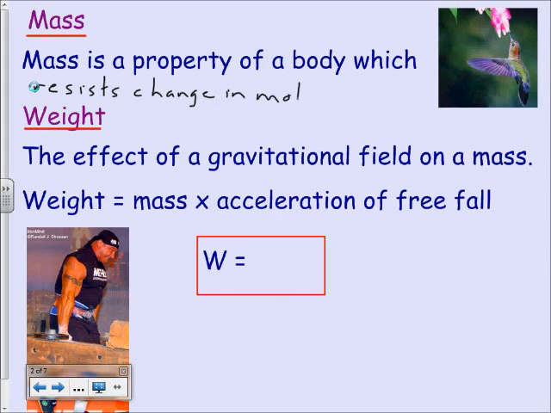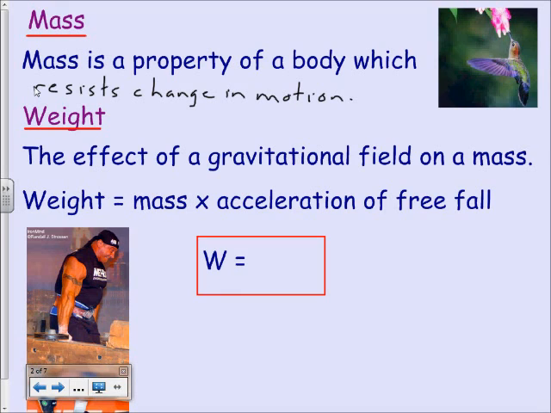So take note, we're not saying that mass is the amount of matter in a body or something like that. We're talking about mass in terms of how mass is affected by a force. You apply a force, and the amount of mass that an object has results in how easy or difficult it is to change that motion.